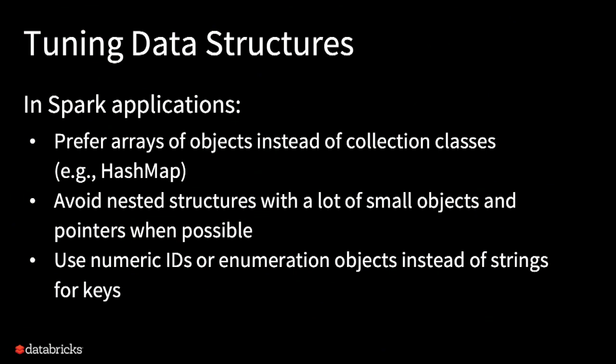The third is to consider using numeric IDs or enumeration objects instead of strings for keys. Java strings have about 40 bytes of overhead over the raw string data, since they are stored in an array of chars and keep extra data such as the string length.